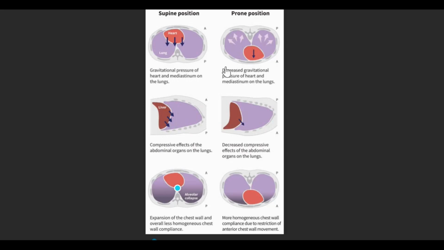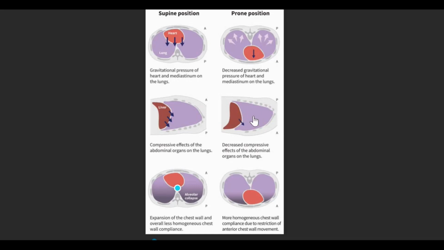But when you prone the patient, you can see now the heart is resting on the sternum. As a result, there is no compressive effect on the lung. The dorsal alveoli is no more compressed. Same way, when you prone the patient, this is the dorsal alveoli, where now the spine is up.